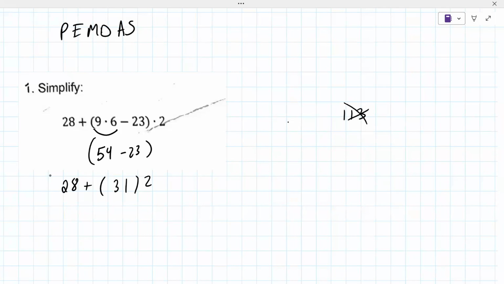Would it be 90? That is much better. Yes. Very good. Okay. This next one's a little bit more difficult, but it does work out sort of nicely.